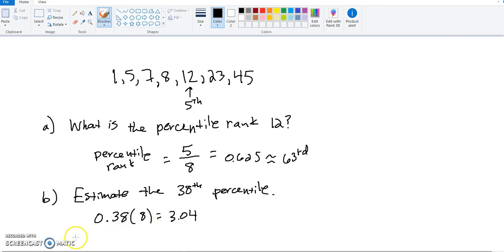So basically this is telling us the 38th percentile is in the third position of our data. That's 7 here. So the 38th percentile is about 7. Essentially this is telling you the rank of your sorted data.